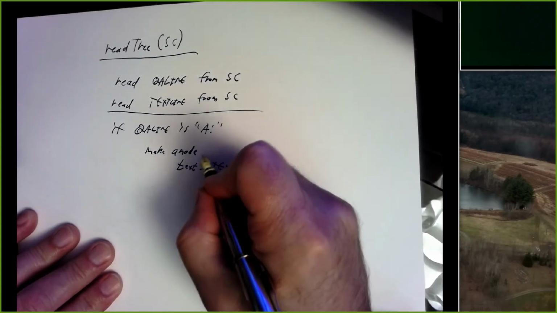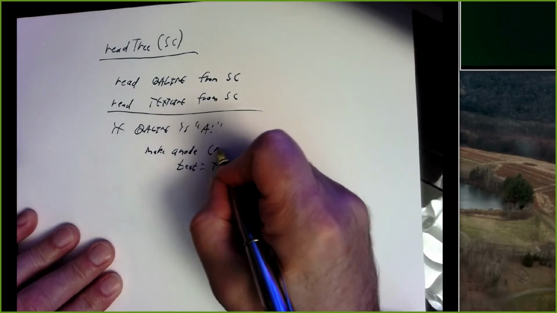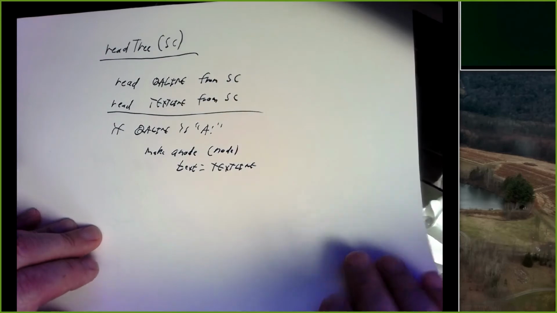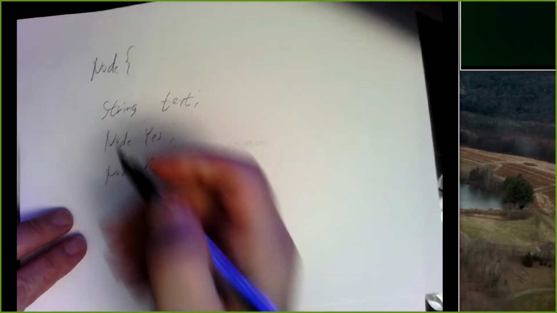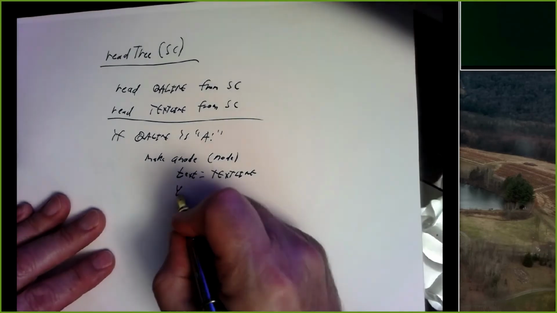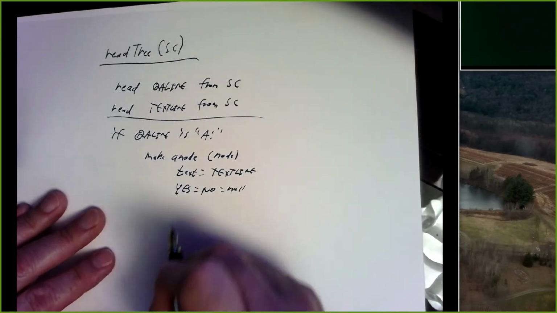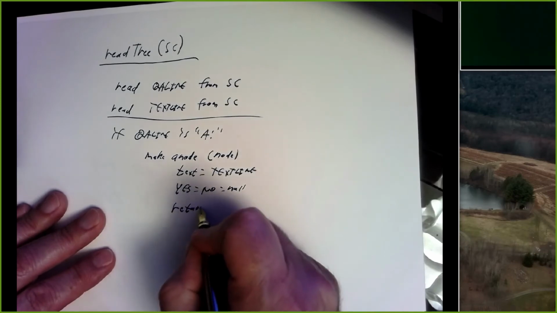So make a node, I'll just call it node. Set the text equal to the text line. I'm thinking of a node like this. Set yes equal to no equal to null. And then let's return node.